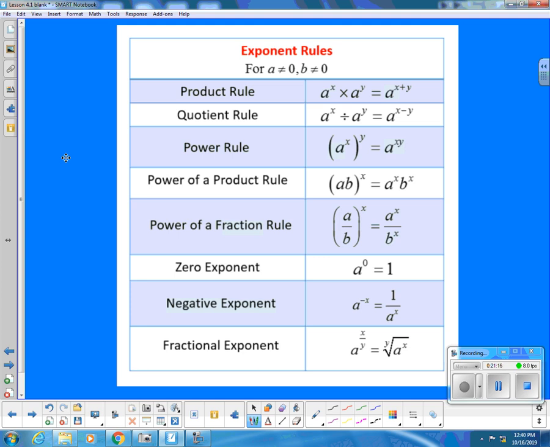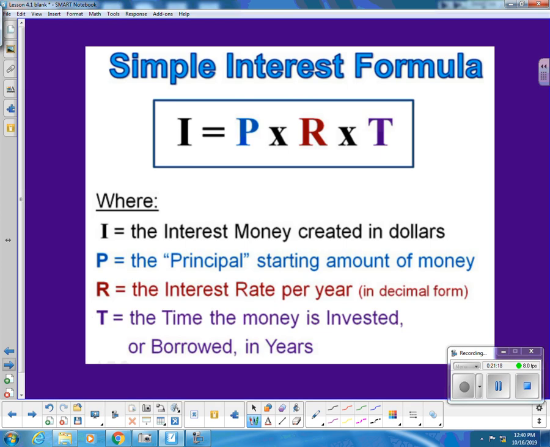Okay, I will come back in one moment. Simple interest, P times R times T. The interest equals the principal, that's how much you started with, times the interest rate per year in decimal form, times time, the number of years you borrowed it for. Okay? Very simple interest formula.